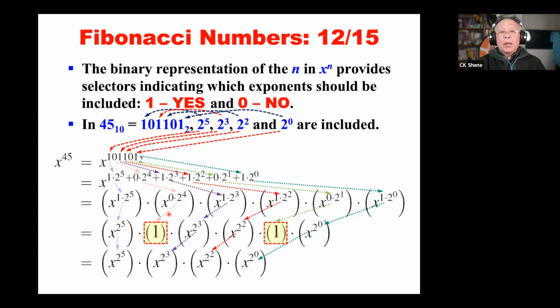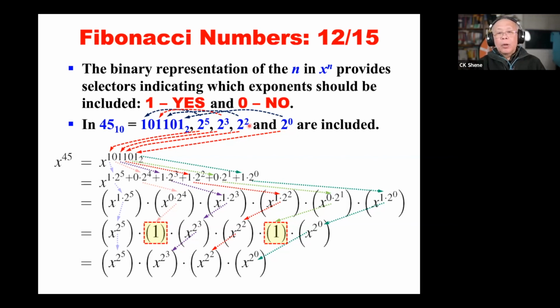Therefore, the binary representation of n in x raised to n provides selectors indicating which components should be included. 1 means yes, 0 means no. So this 1 here, 0's power is 1, so it's needed.